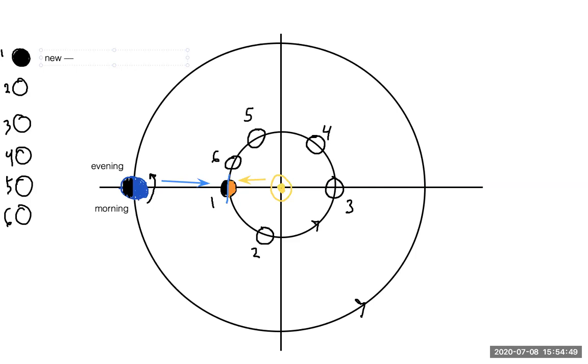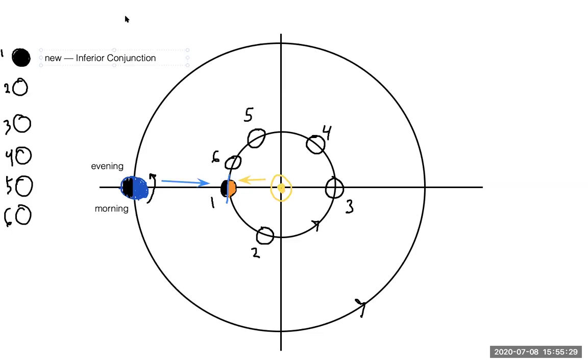It's a conjunction because the planet will appear to be in the same region of sky that the sun is in, right? So it's on the exact same side. The type of conjunction this is called is an inferior conjunction. And it's an inferior conjunction because the planet is between Earth and the sun. So just like the inferior planets are between Earth and the sun, and the superior planets are outside of the Earth and sun, the inferior conjunction is between the Earth and sun.